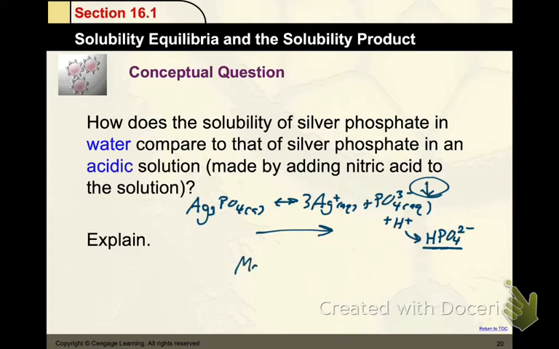So it should be more soluble in acidic solution. The bottom line is if your negative anion can combine with H plus to form a weak acid, it would do that. It would decrease the amount of that anion, shift the reaction to the right to compensate, making it more soluble.